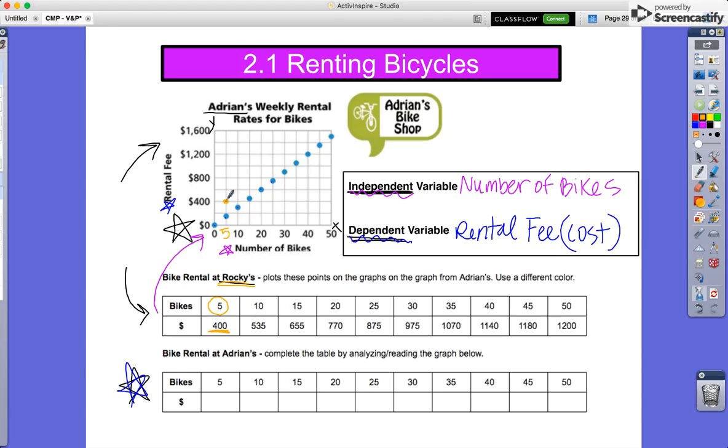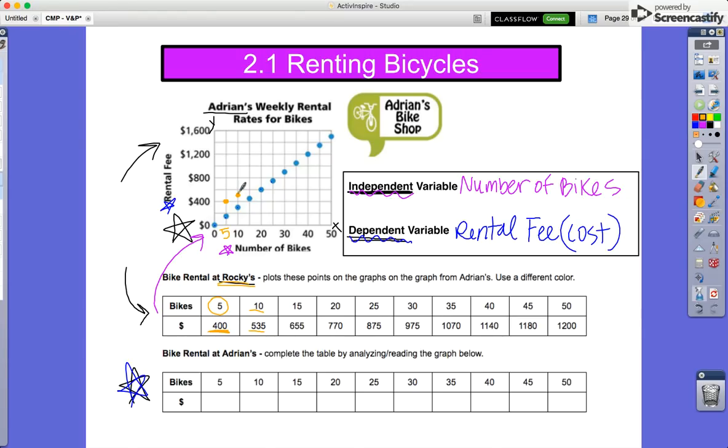So we're going to pop up there. Okay. Now at 10 bikes, it is going to cost $535. So I need to find where that would be on my graph. I know right in between 400 and 800 is going to be 600. So somewhere in this area is going to be 535.